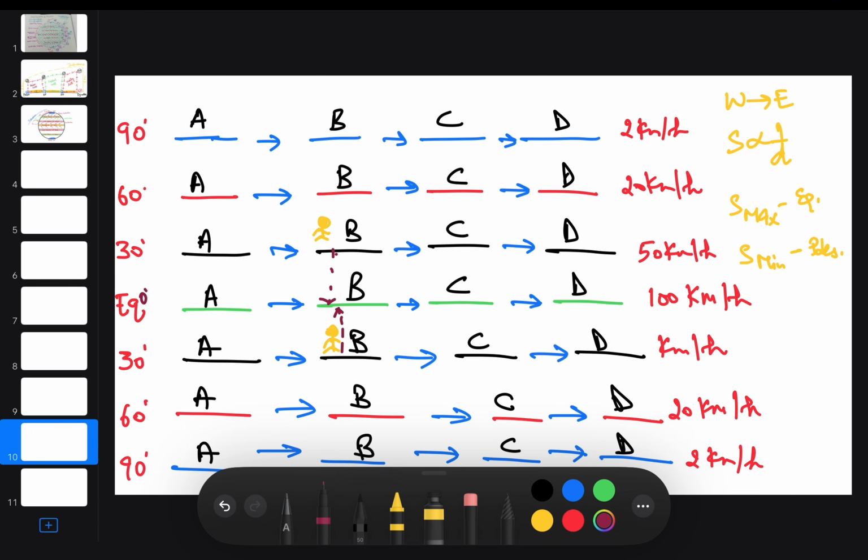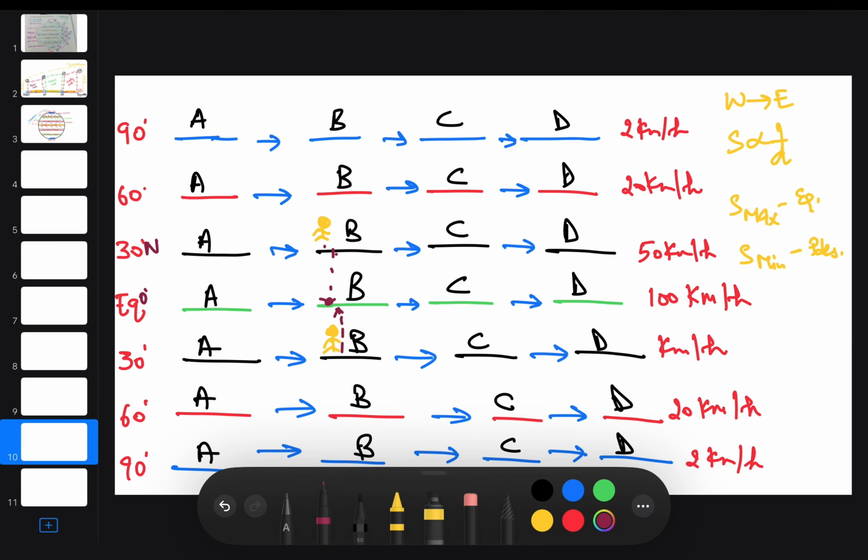When he moves from 30 degrees north towards the equator, the earth rotates from west to east. When he reaches point B at the equator, the speed of the earth is maximum at the equator.